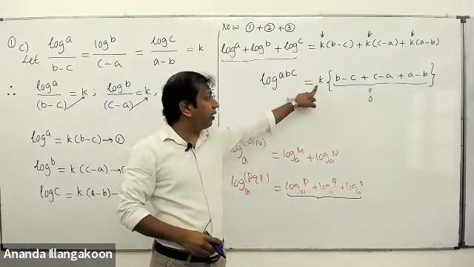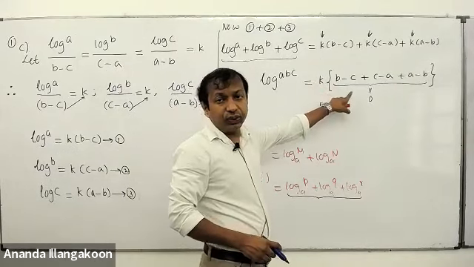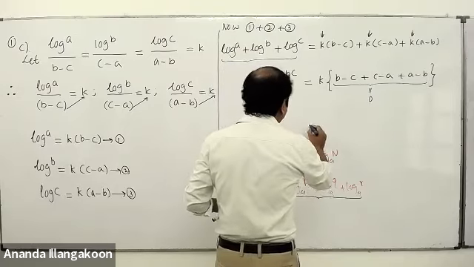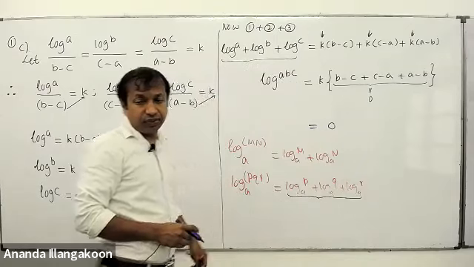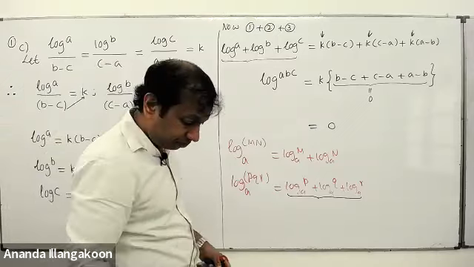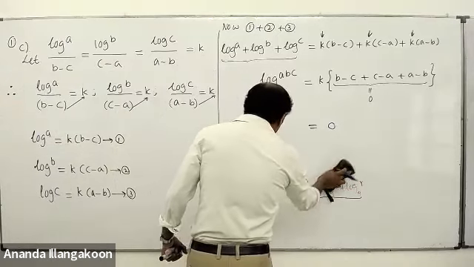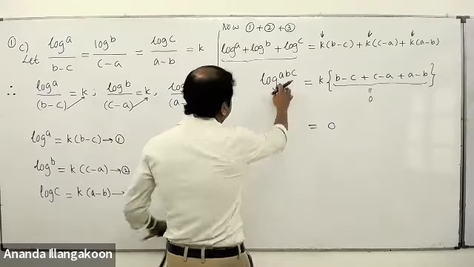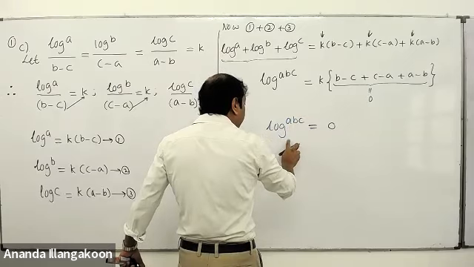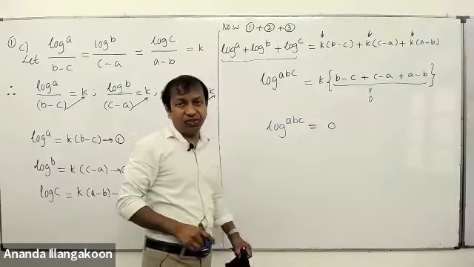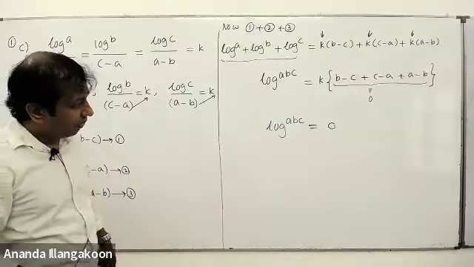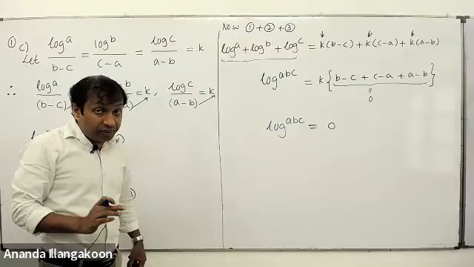That 0 you should multiply by k. k into 0: when you multiply any value by 0, the answer is 0. Then we get the right hand side equal to 0. Then what do we have in the left hand side? Left hand side is log abc to a certain base. We don't know the base. It is not important to us. Whatever the base, we can take. People, now think like this.